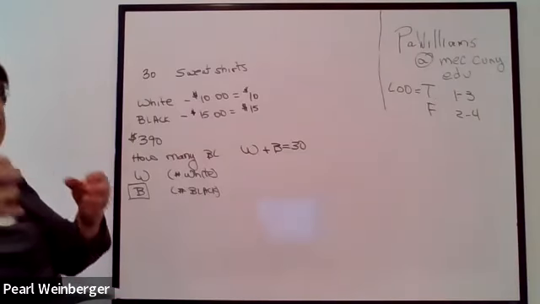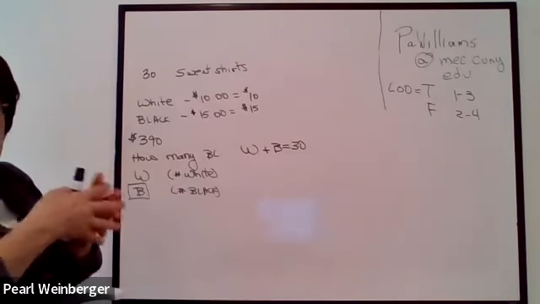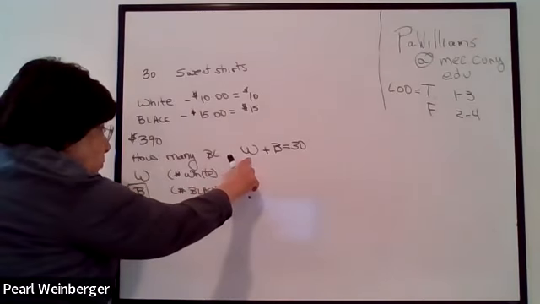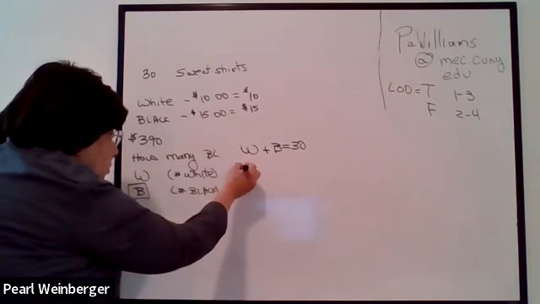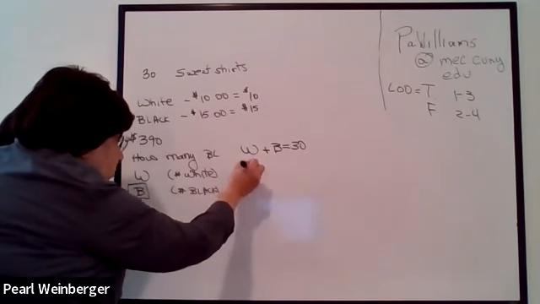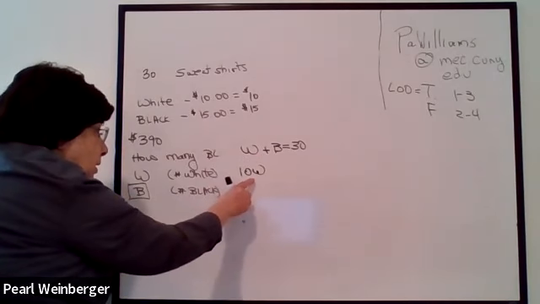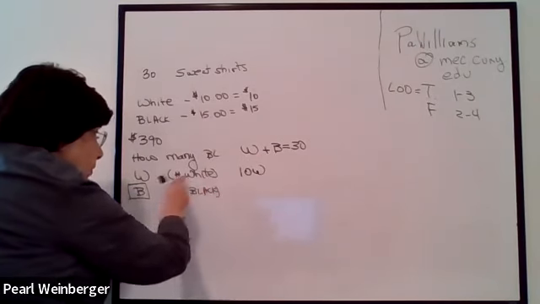Our second equation, we're going to throw in the price of the sweatshirts. So the price of the white sweatshirts is $10. So for the white sweatshirts, the amount of money you're making is how many there are times 10.